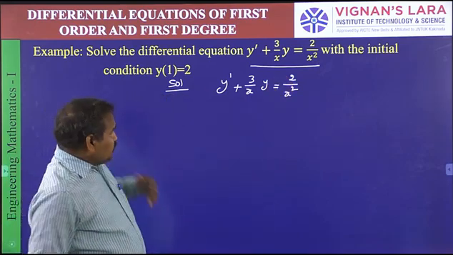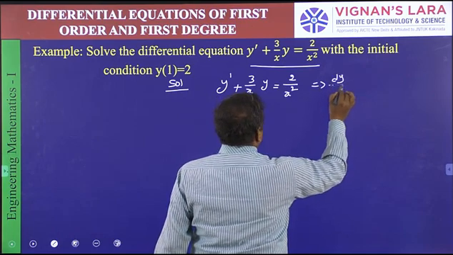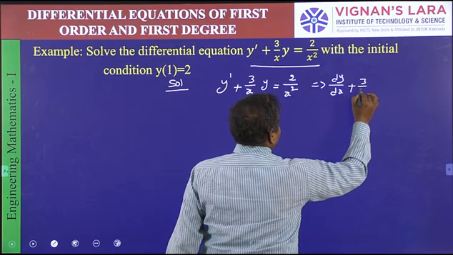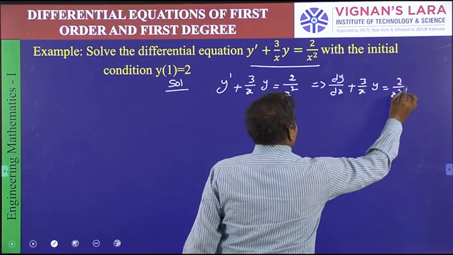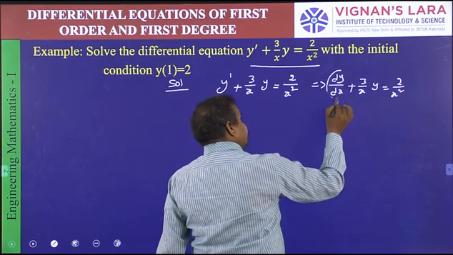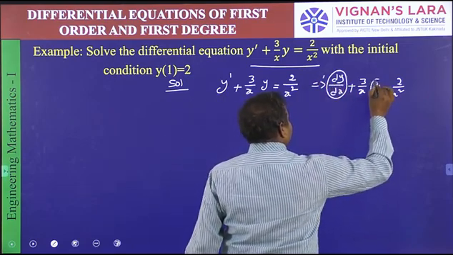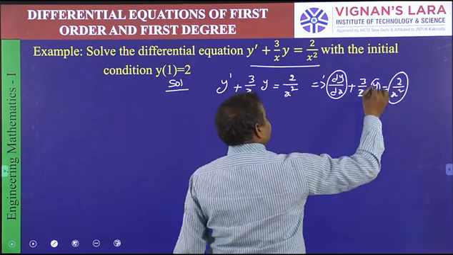Y dash. What is the notation of y dash? Dy by dx plus 3 by x into y is equal to 2 by x square. Observe this: the dy by dx coefficient is 1 and the y coefficient is in terms of x. The right hand side is only in terms of x.